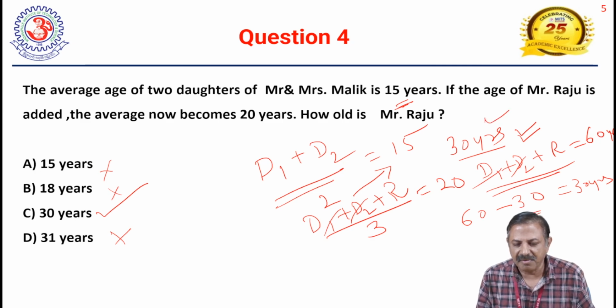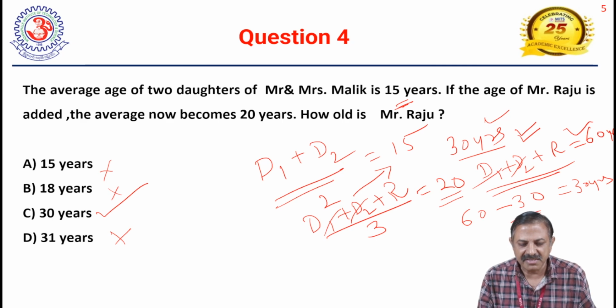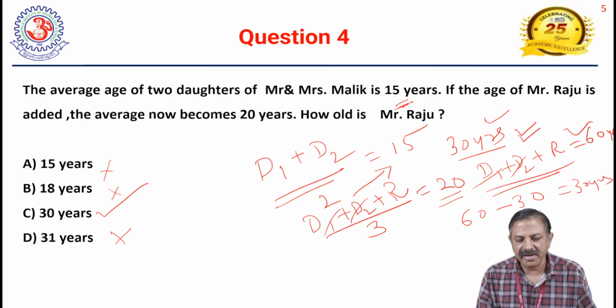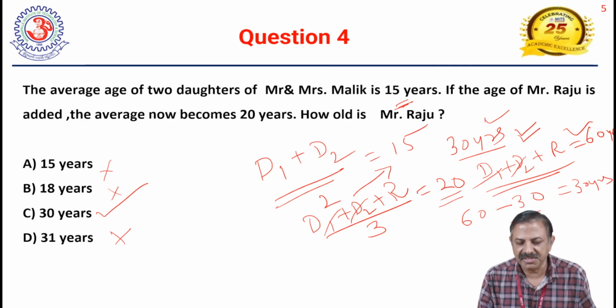This is step number 1. 2 daughters plus Raju, that is 3 members, average is 20, means total will be 60. So if you want only the age of Raju, 60 minus 30, that is 30 years will be the answer. Hope it is clear. So we can solve like this, students, just in 15 seconds. If you practice well, we can solve these questions in 15 seconds only.